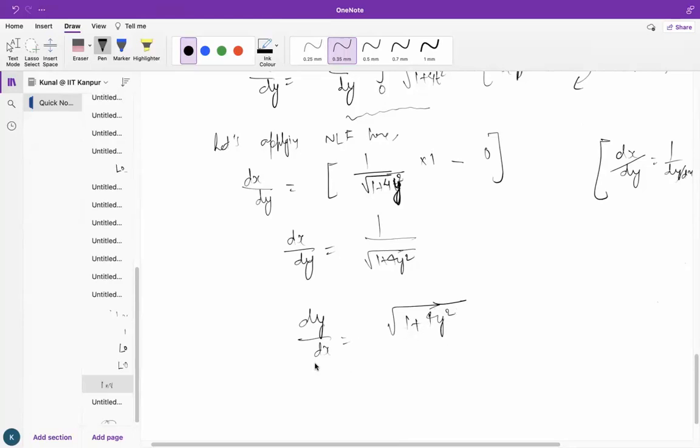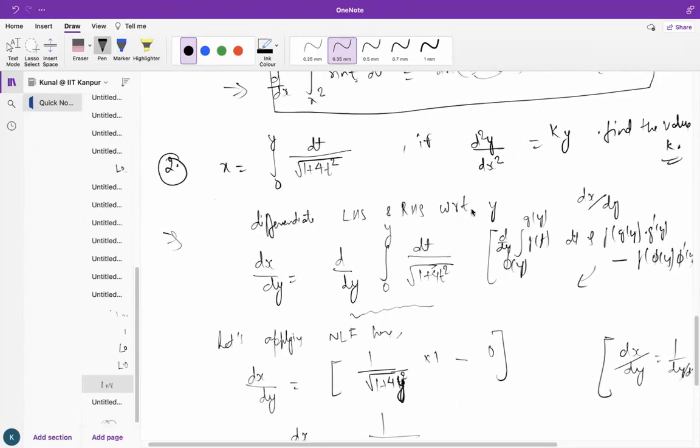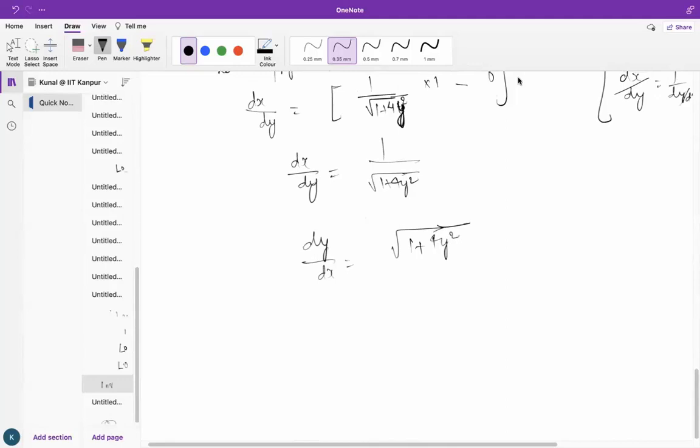Now what we have to do? We have to create d square y by dx squared. So we have to differentiate the function with respect to x here. Right. I hope you all understand what I'm trying to say. So let's differentiate this function with respect to x.